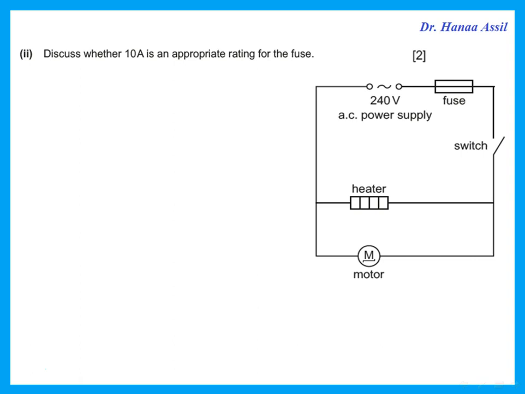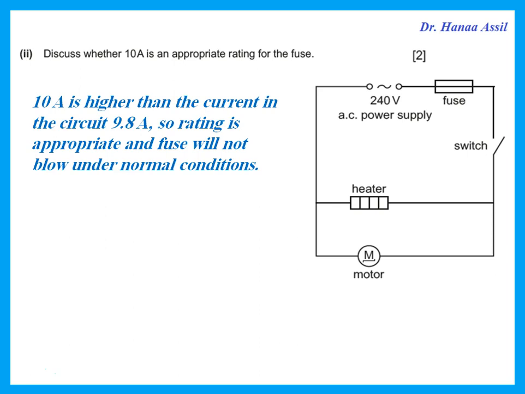Discuss whether 10 ampere is an appropriate reading for the fuse. So I need 9.8 amperes to go through the electric circuit. If my fuse is 10, you can say that 10 is higher than the current in the circuit, so the rating is appropriate, and that means that if 9.8 amperes goes through it, the fuse will not blow under normal conditions.